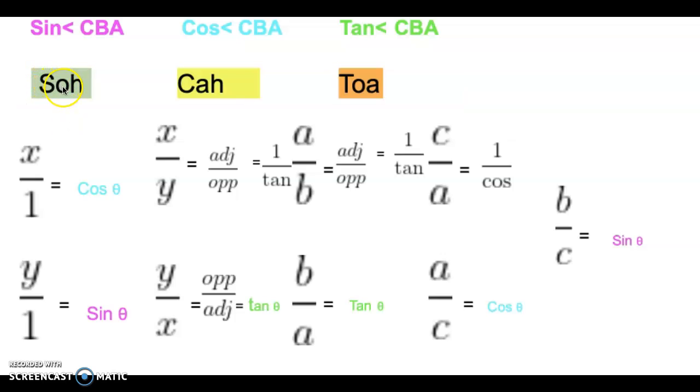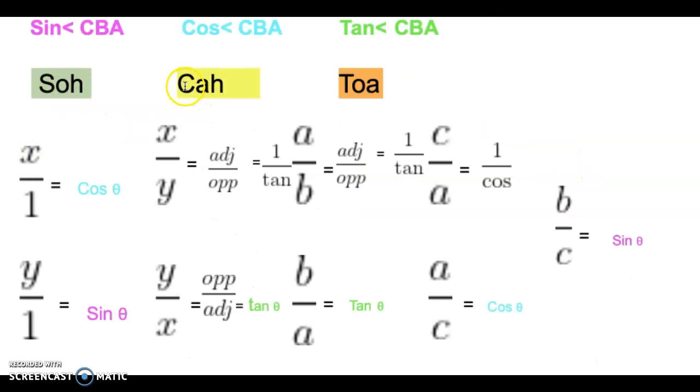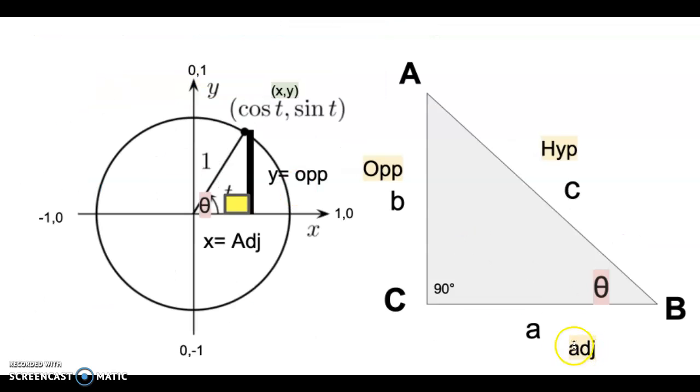Sine is opposite over hypotenuse. This is the angle that we're going off today, theta. So opposite over hypotenuse is sine. Cosine is adjacent over hypotenuse.